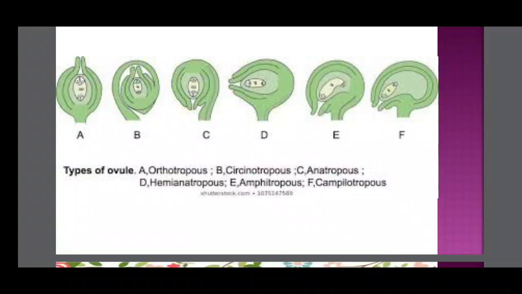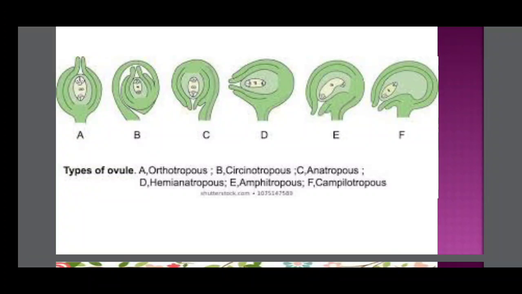Figure A is the orthotropous. The chalaza, micropyle and funicle are in a vertical line. Now B is the circinotropous. Circinotropous is the funicle around the ovule, and that's why the ovule body turned 360 degrees.